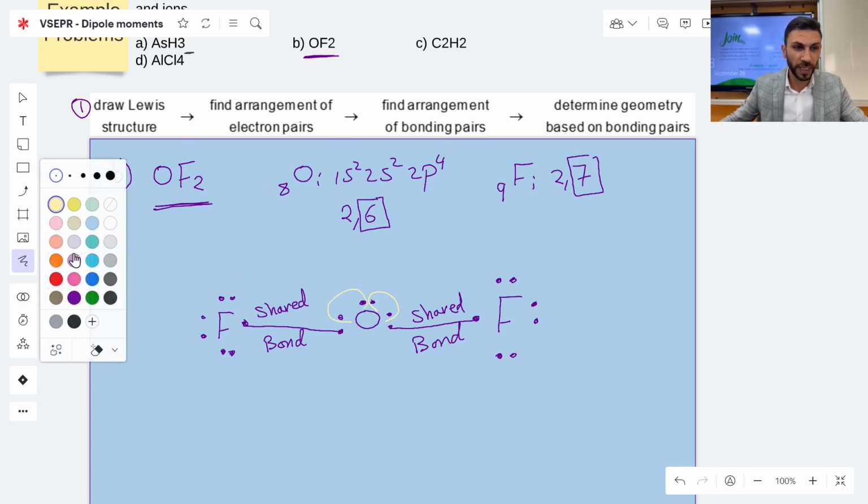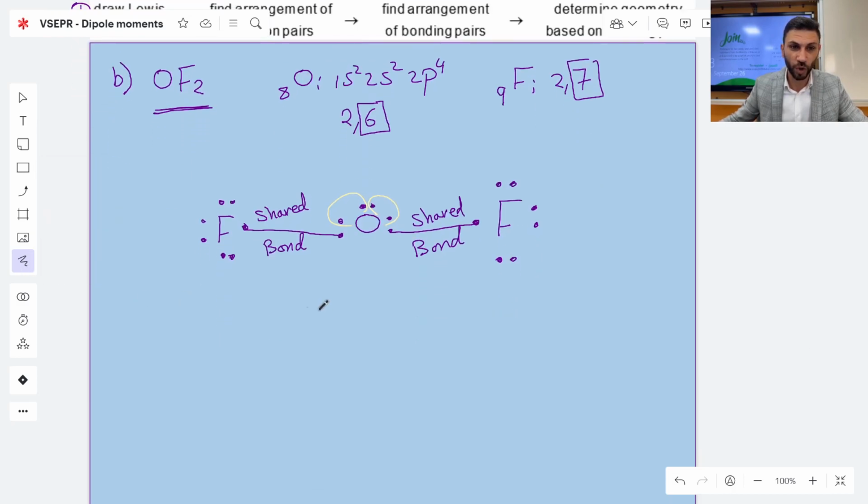So now we can have a better idea about the geometry of this molecule. First of all, I need to write the total pairs. They came from lone and shared pairs. So the number of lone pairs equals 2 lone pairs, 1, 2.